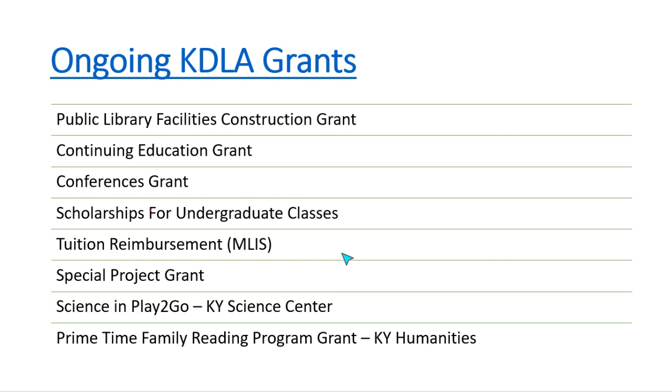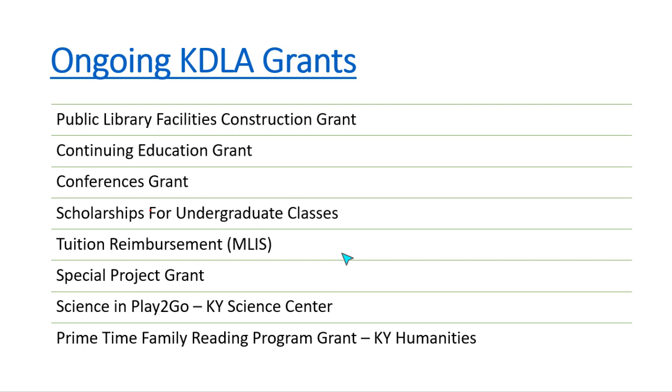So we also partner with the Kentucky Humanities for the Primetime Family Reading Grant. And this is a 6-week program where storytellers and scholars, reading specialists come into your library and provide reading help for struggling readers in the elementary school age.